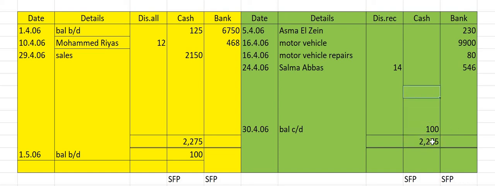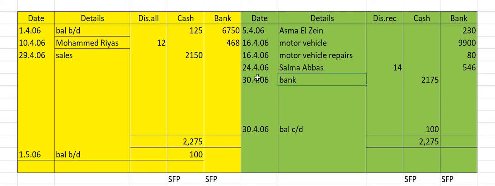Right? Now you need to find the difference between 2275 and 100. Therefore, you will get how much? 2175. Okay. This amount you are going to transfer at the end of the month, which is on 30th, 406, to the bank. Right? So, opposite account's name as bank.